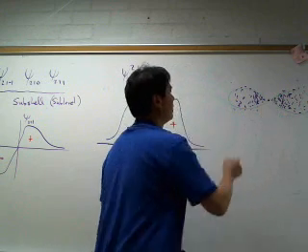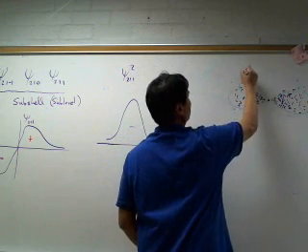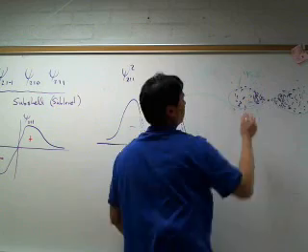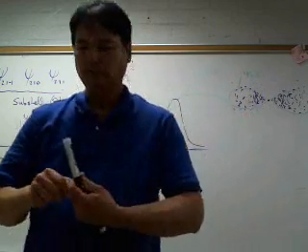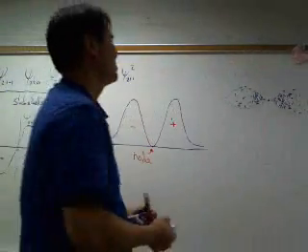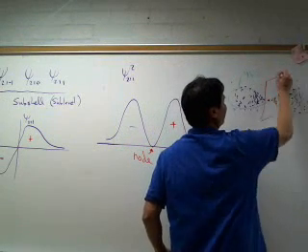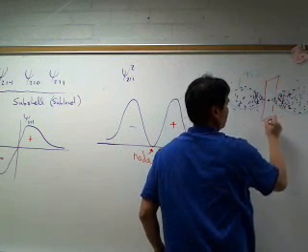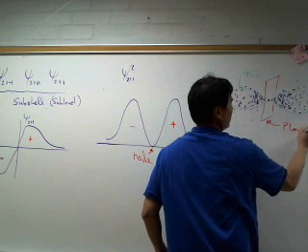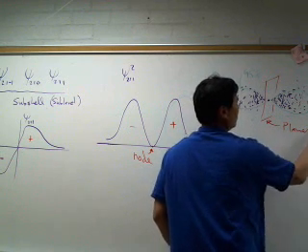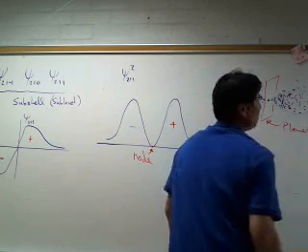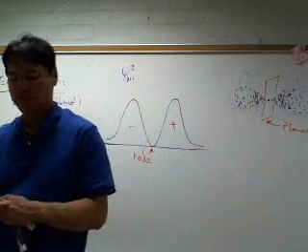Here, this would be the 95%. This type of node is a little different. This is called a planar node. You don't have to know the names, planar node or spherical node. I'm just telling you. But you should know what a node is. It's a planar node.